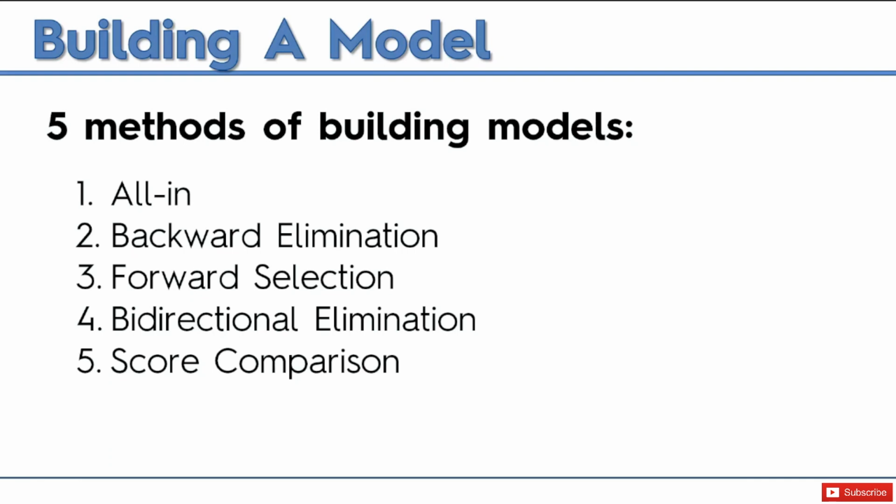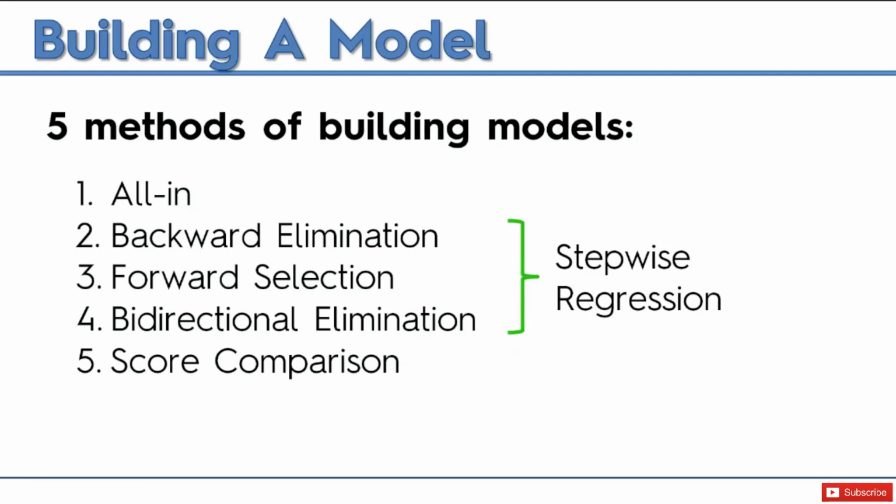Before we do, I wanted to say that sometimes you'll hear stepwise regression. Stepwise regression actually refers to number 2, 3, and 4 because those are really the true step-by-step methods. But sometimes you will hear people say stepwise regression in reference to just number 4. So they will replace bidirectional elimination with stepwise regression, and that's fine.